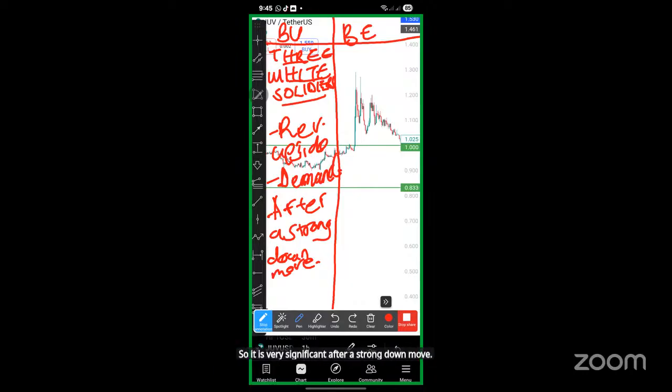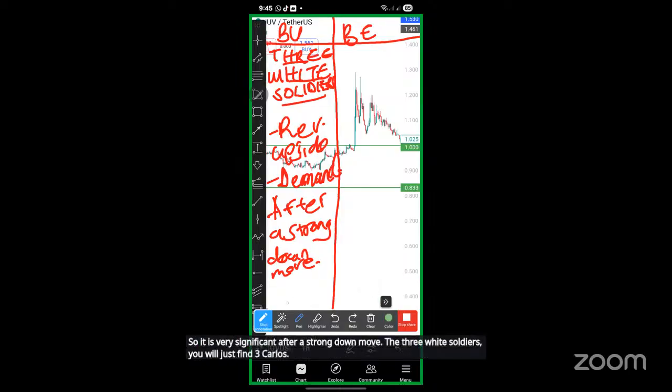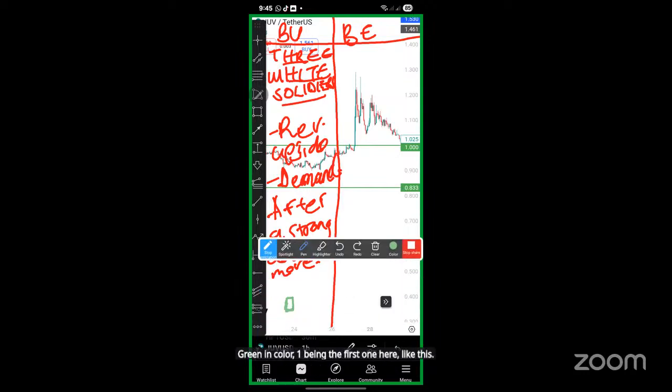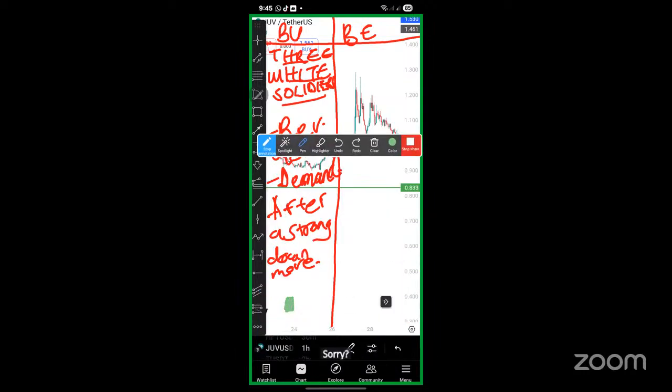The 3 white soldiers, you will just find 3 candles, green in color, one being first like this, another being like this, and another following it like this. Once you find such candles, they are called the 3 white soldiers.